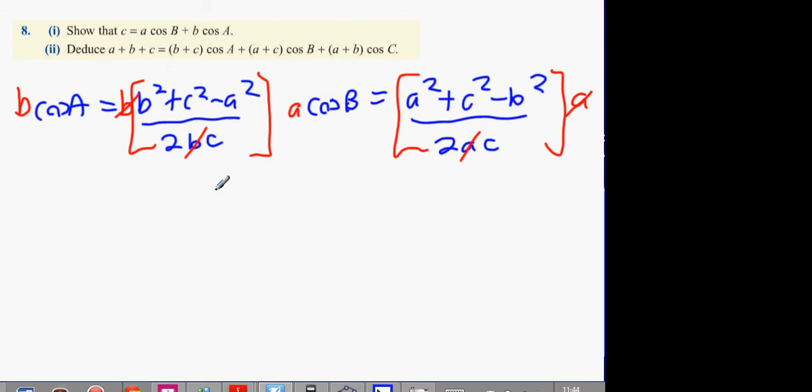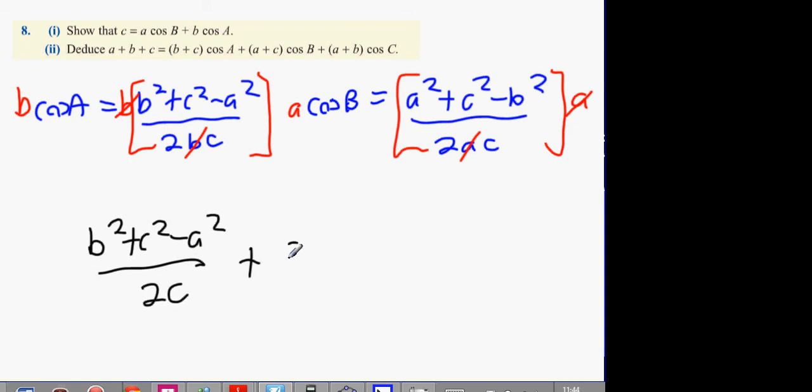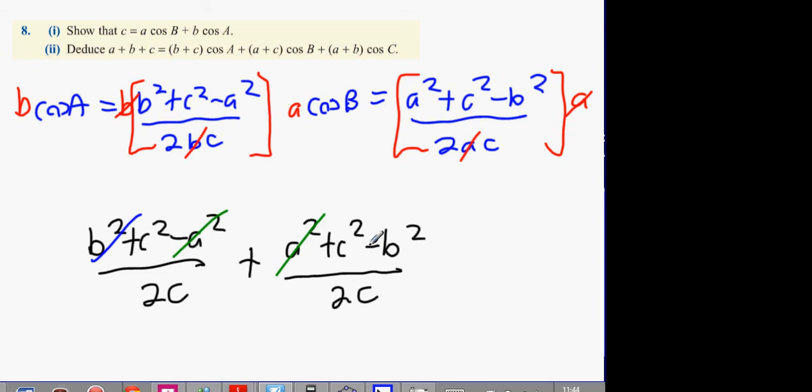And what we're going to be left with is this: B squared plus C squared minus A squared all over 2C plus A squared plus C squared minus B squared all over 2C. Now what happens is the A's cancel, the B's cancel, and I'm going to be left with 2C squared over 2C. Cancel, cancel, cancel. The answer is C.